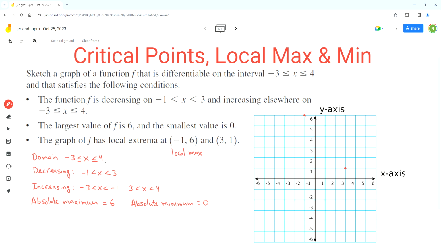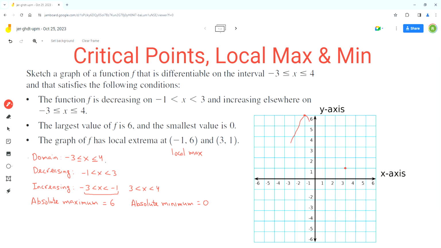So that means the function is increasing on the left side of x equals -1 and decreasing on the right side of -1, which is also shown by the intervals we got that the function is increasing on the left side of -1. So we can draw a graph which is sloping upward from left to right. And on the right side of -1, the graph has to slope downwards.